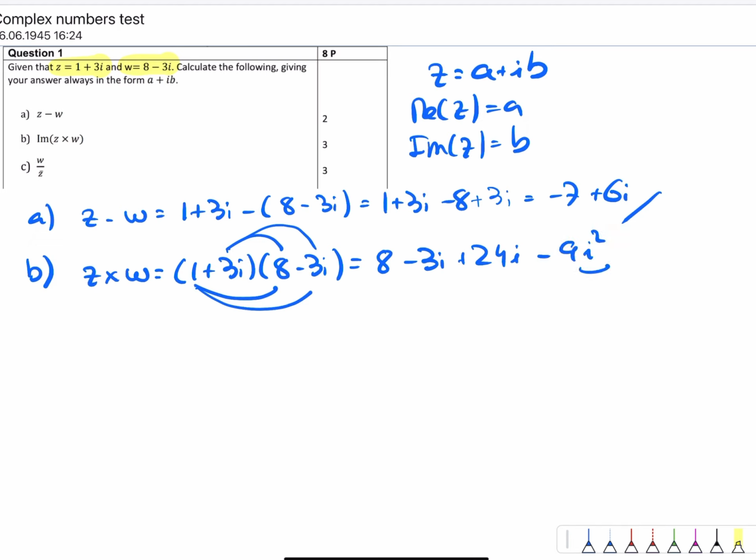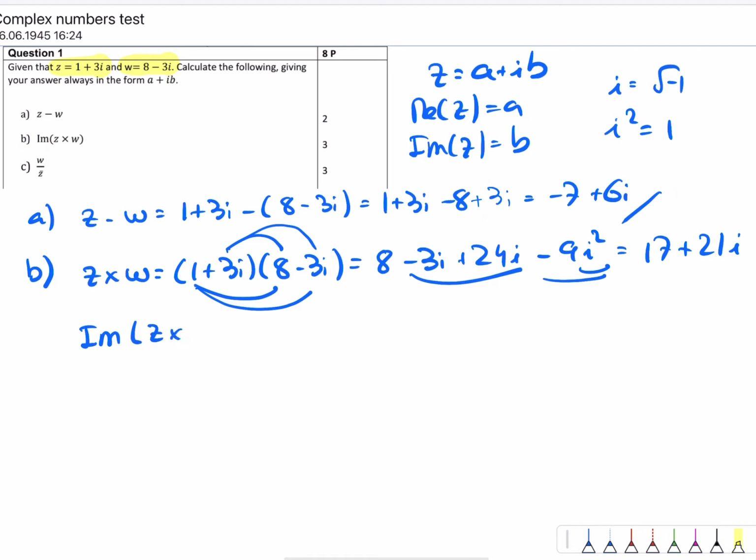The definition of i is the square root of -1, or i squared is always equal to -1. So this is just positive 9. So 9 plus 8, 17 plus 21i, because I need to do 24 minus 3. Therefore, the answer to the problem, which is not the product but the imaginary part of the product, is just equal to 21.